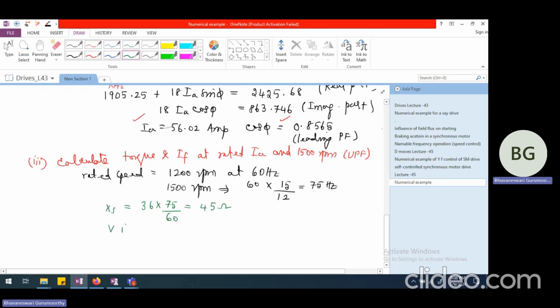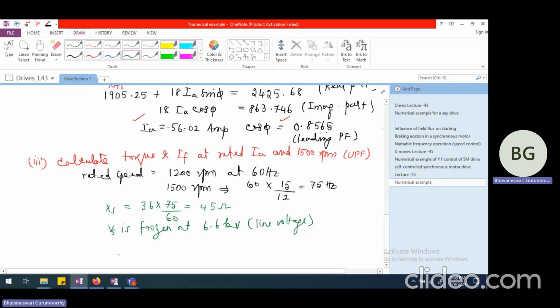And Vs is frozen at 6.6 kV line voltage. So Vs will not be changing at all.